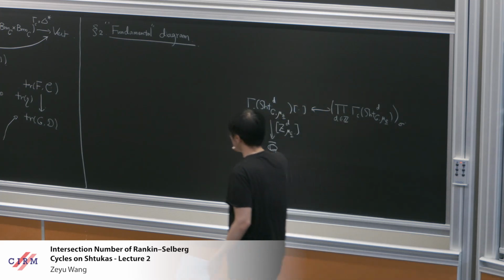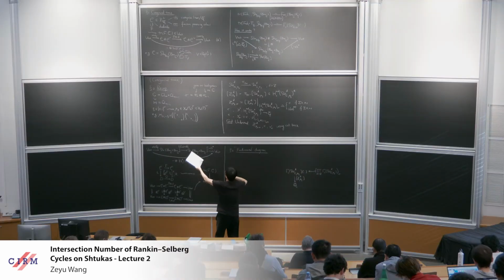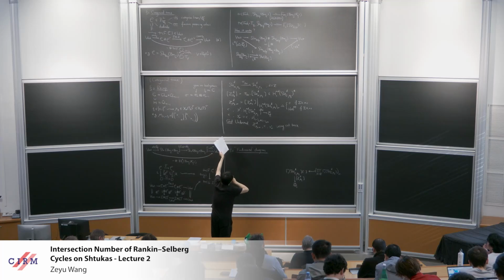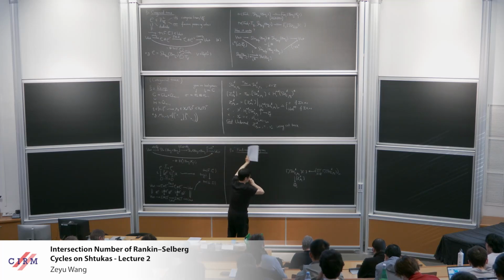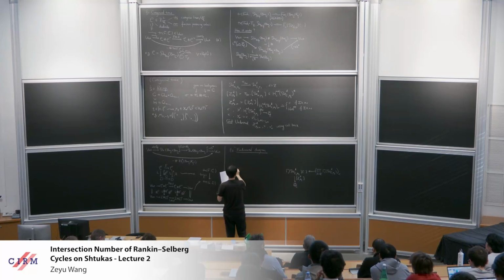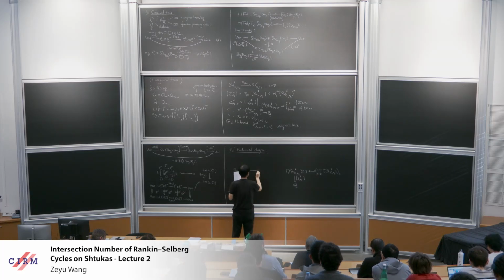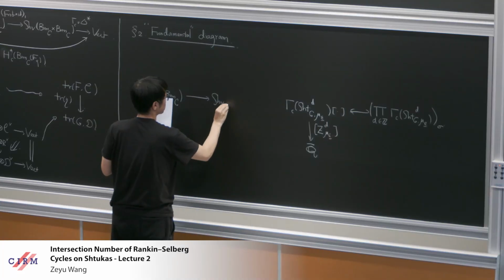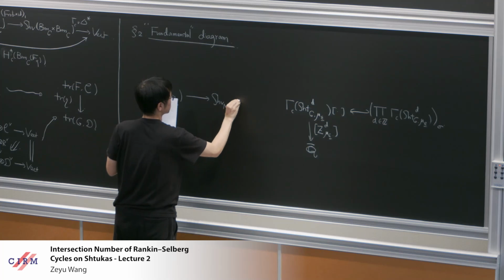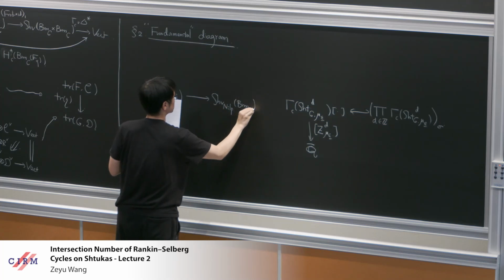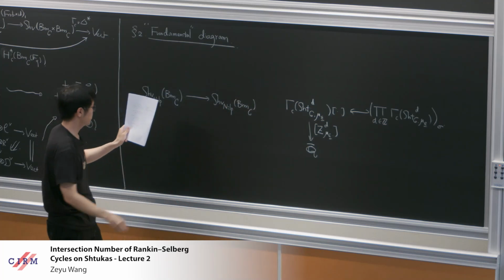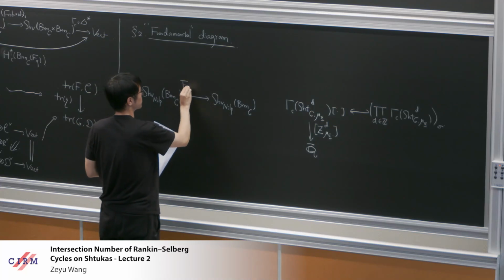This compactly supported cohomology of Shtukas can be realized as a categorical trace. It's really the trace of this category Sheaves on Bun_G. And the functor you should put here is this Frobenius composed with Hecke.